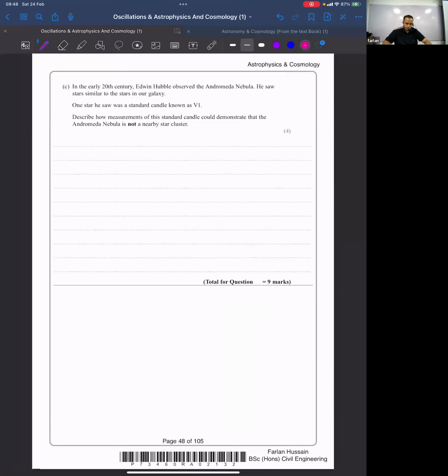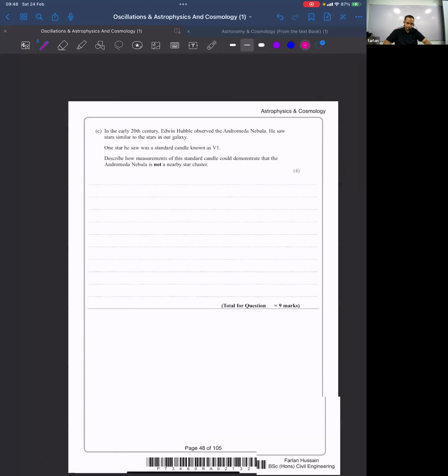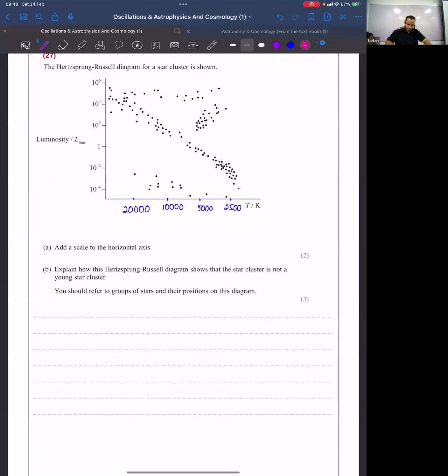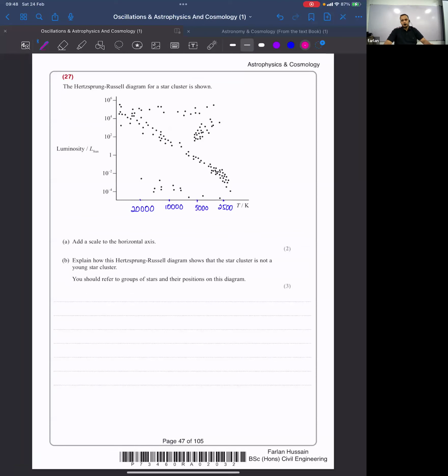Guys, question 27, page 47. Read the question.